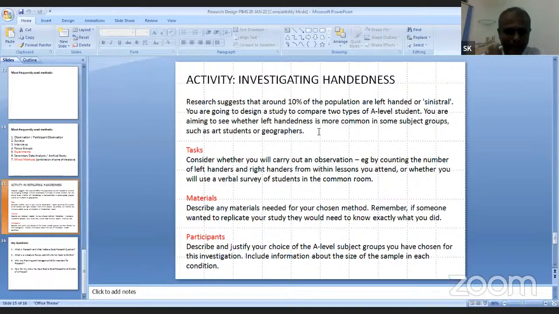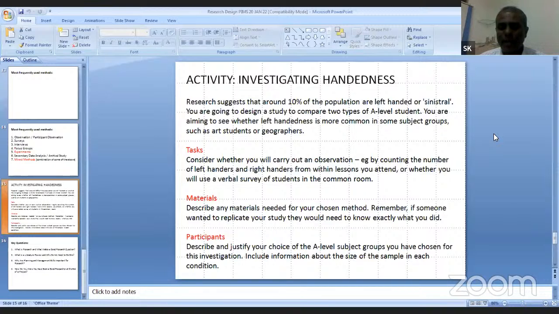To come to the end, is everyone clear about the activity? Have you taken a screenshot or are you able to copy this? Yes, I have taken a screenshot, sir. Okay, fair enough.